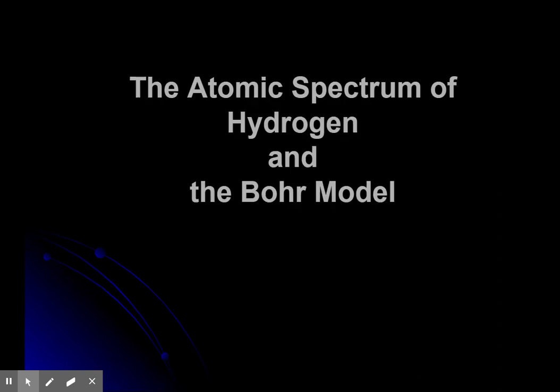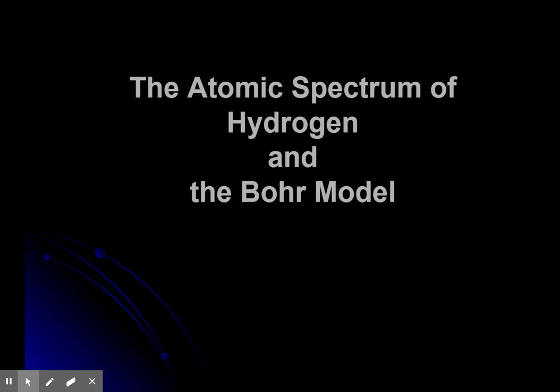Now, we're going to talk about specifically a hydrogen atom and that Bohr model. Now, we follow the quantum model and we've learned about the quantum numbers and that sort of thing. And it all started, though, from that Bohr model. We don't use Bohr's model anymore because we found that it didn't really work for larger atoms.